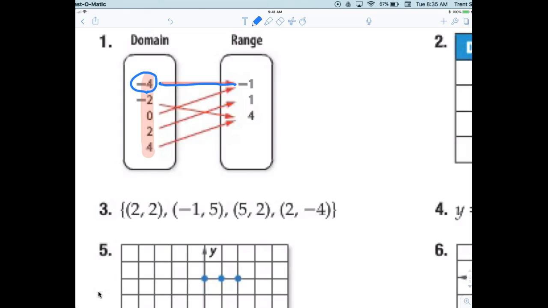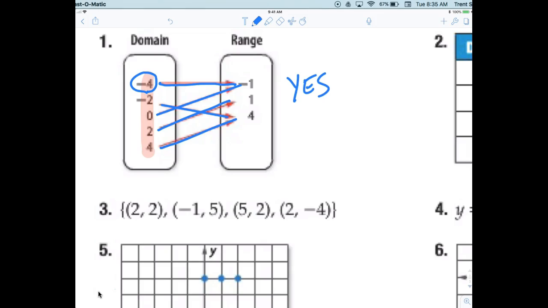A single y. -4 goes to what? -1. -2 goes to 4. 0 goes to -1. 2 goes to 1, and 4 goes to 4. That is considered a function.